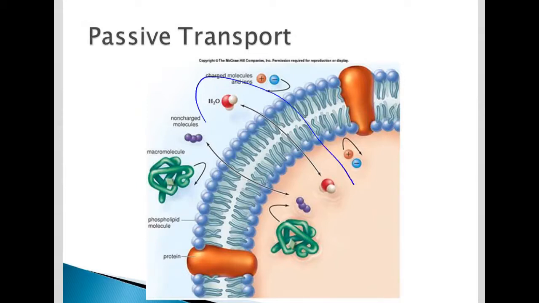We're going to talk about water in just a second. This image is sort of not true with water because we know water is obviously hydrophilic. It likes itself. But here you have some non-charged small molecules that can go through. But here a large macromolecule is being turned away and a charged molecule is being turned away because those will not want to go through the membrane.